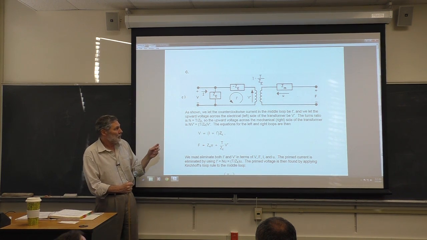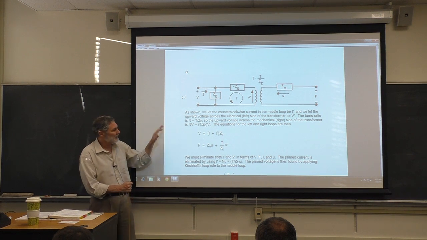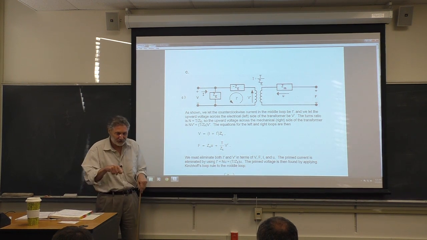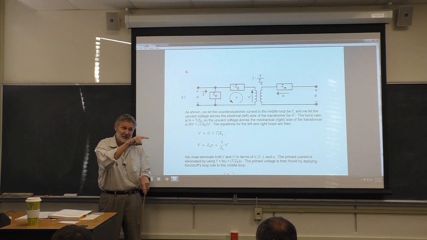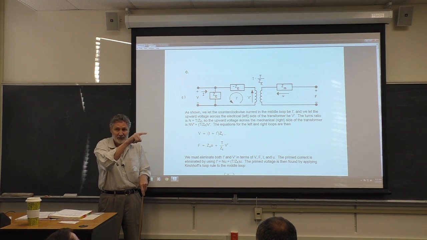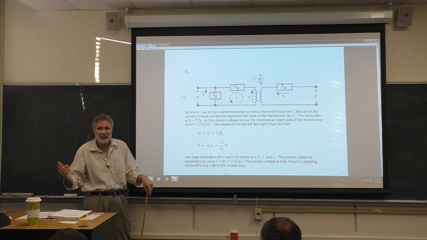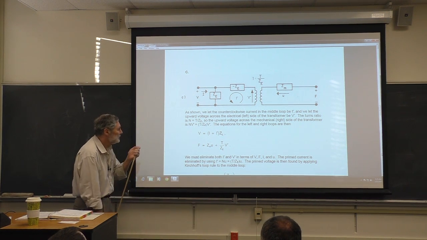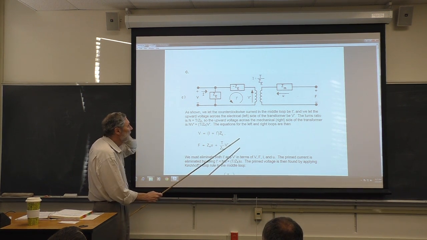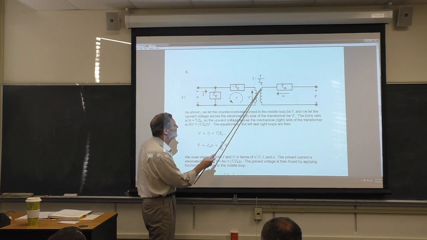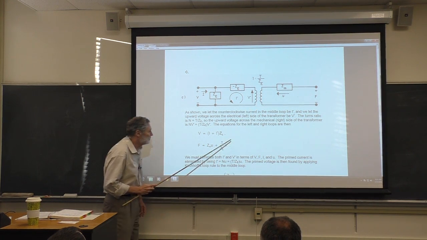So when you're worried about signs, I usually get rid of this and do the strict thing: is this a positive voltage change or a negative voltage change? Go around the whole loop and set the sum equal to 0. Got it? You can do it however you want to. But here, I know this is voltage, and I'm looking at the drop, so there's no minus sign there.